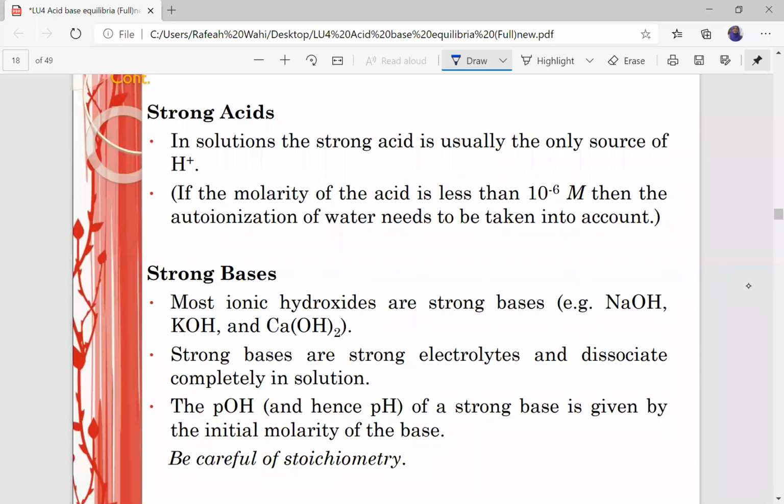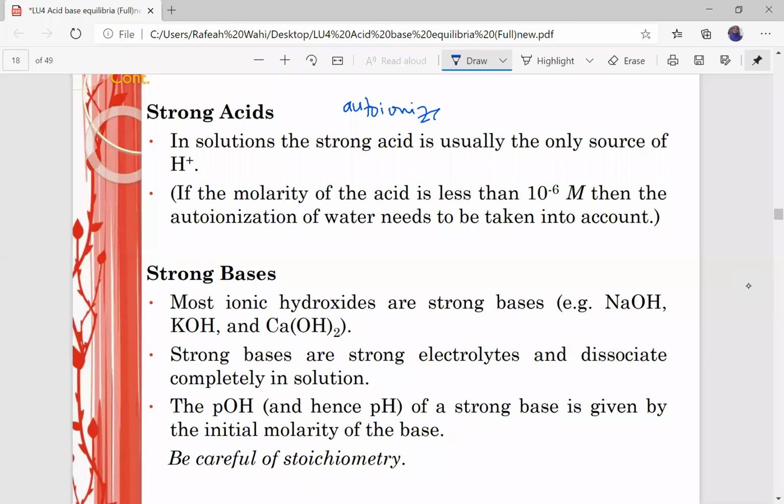H plus ion. Okay, we know that in any acid solution, the solvent is water. So there is also the auto-ionization process of water. Remember just now auto-ionization of water?